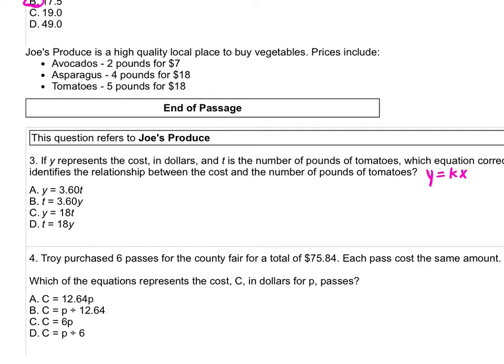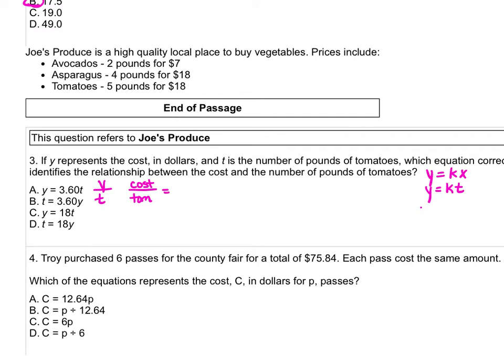In this case, y is the cost, we don't know k, and x is actually going to be represented as the variable t. So we could still say y divided by x, but in this case, it's y divided by t, or cost per the number of pounds of tomatoes.